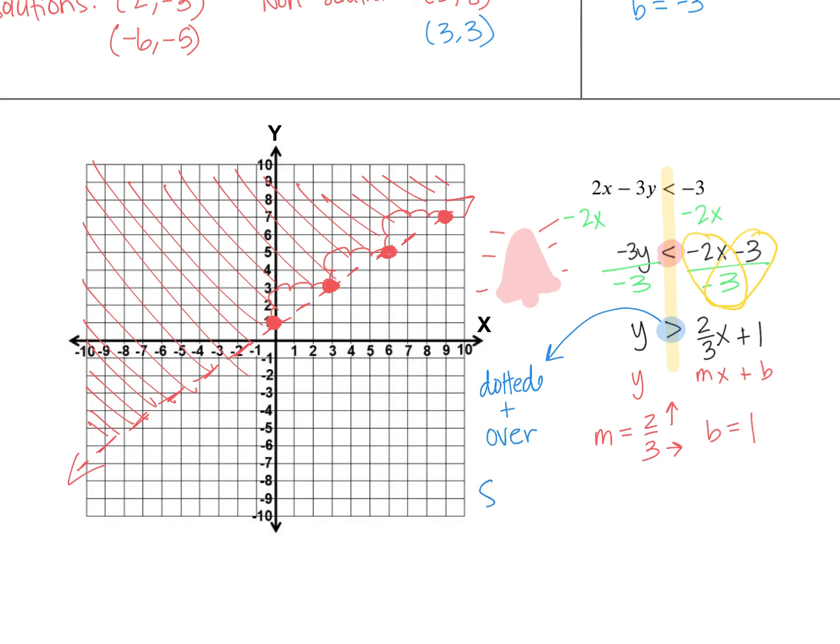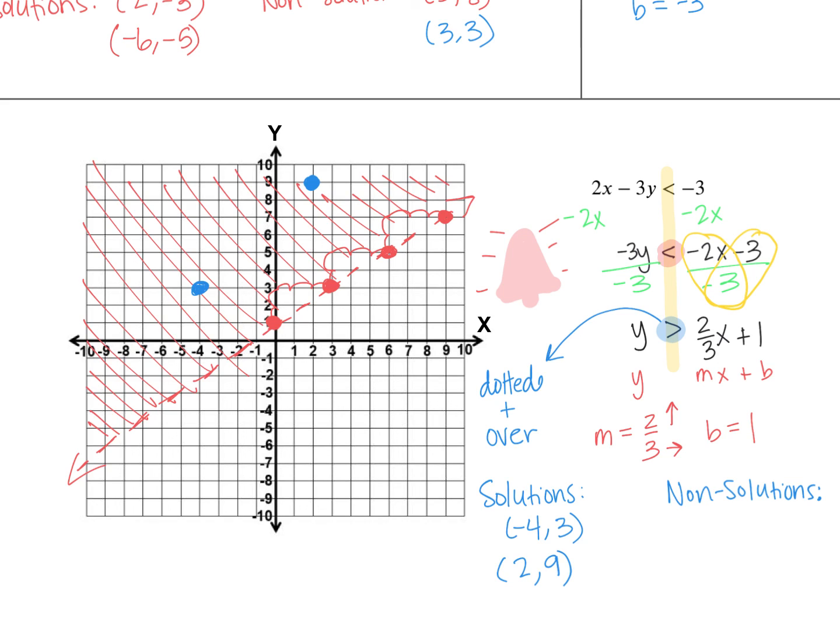So now we can talk about solutions and non-solutions. Some solutions, again, are where we find points in the shaded area. So we could use this point right here, which is -4, 3, because it's in the shaded area. And then we can use this point right here, which is also in the shaded area, and that coordinate is 2, 9.